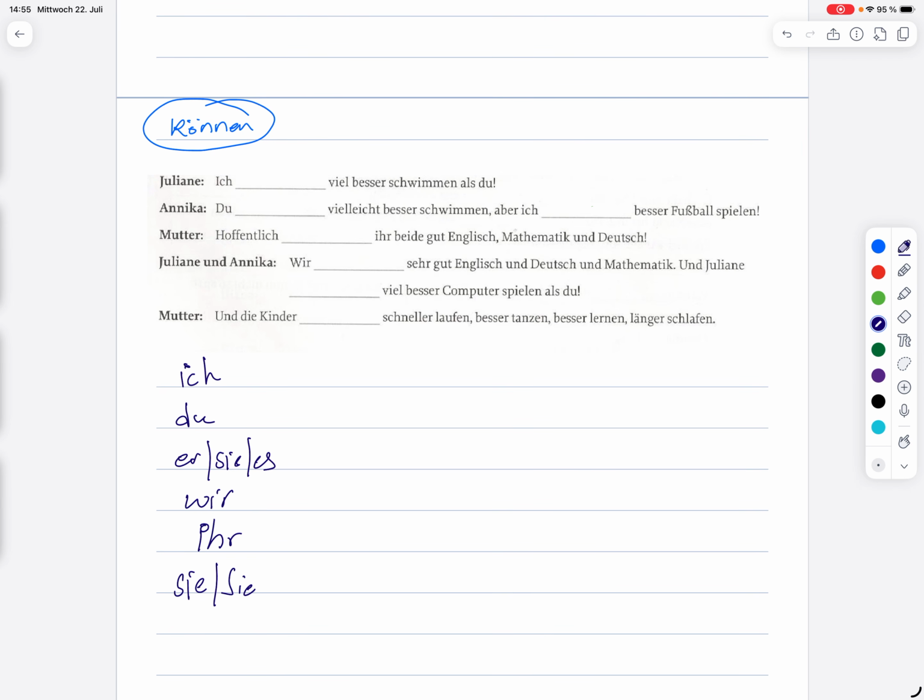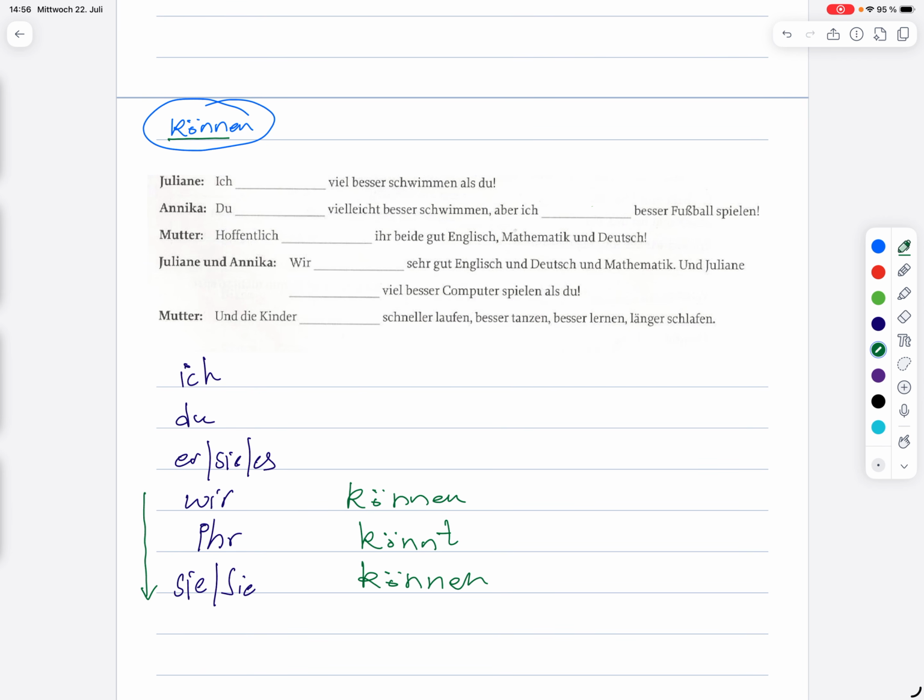Now, as I told you, for wir, ihr and sie, the conjugation follows the original form. So the stem form is könn, and we remove the en and conjugate the stem form, so it will be wir können, ihr könnt, and sie können, because for sie we add an en, for ihr we add a t, and for wir we add an en.